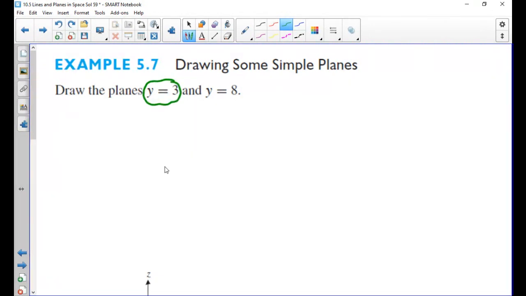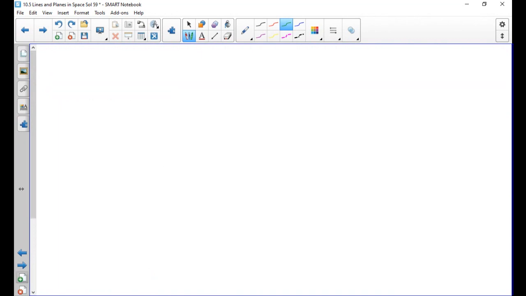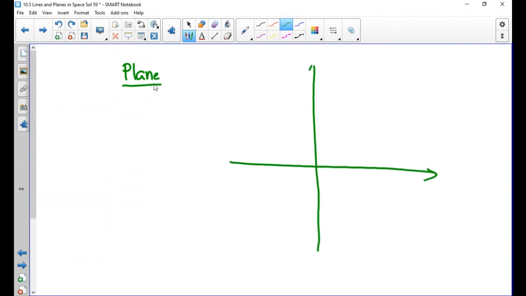Where is this plane? Perhaps before I do that, in the plane, if you want to draw y equal to 3, what is this shape?